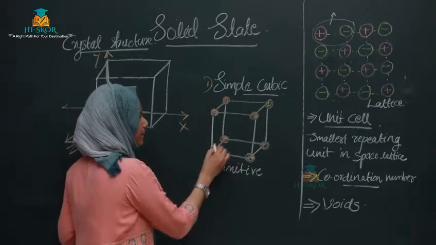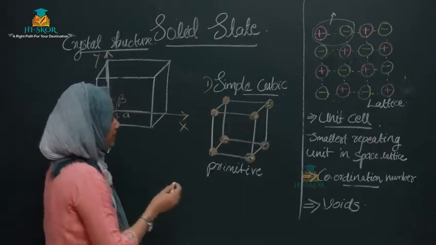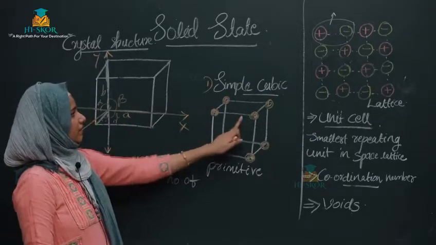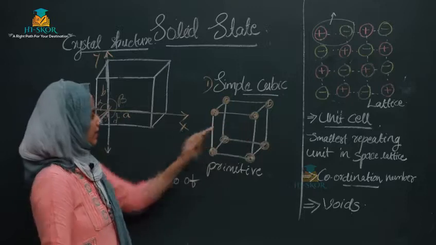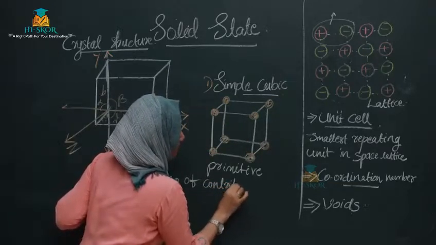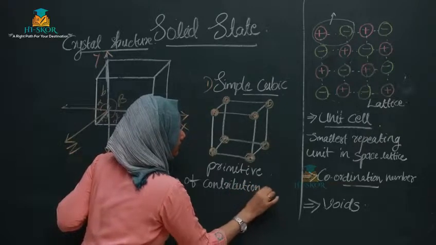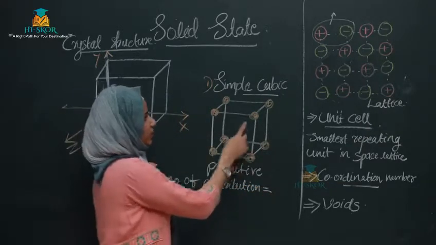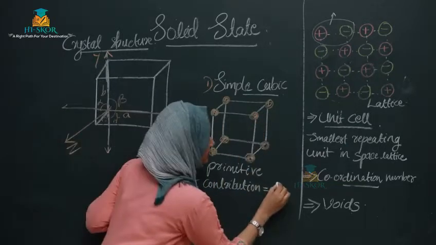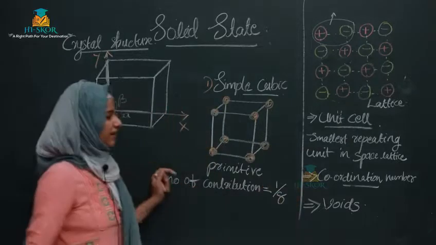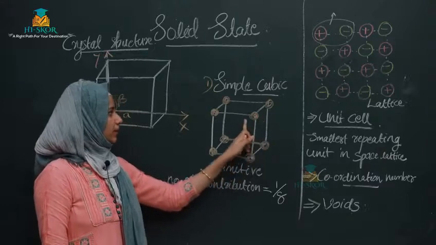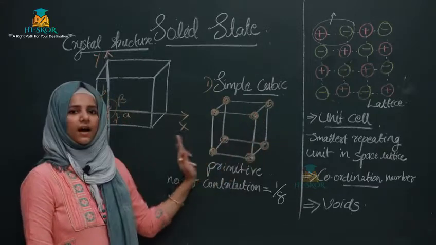Here we know, for a cube we have 8 corners. Number of contribution for 1 corner, that is equal to 1/8, because a corner is shared with 8 cubes. So 1/8 portion of 1 particle is sharing. So how many corners we have for a cube?